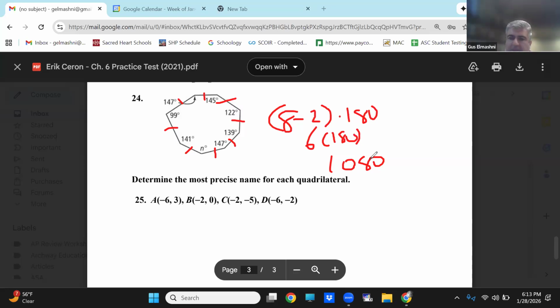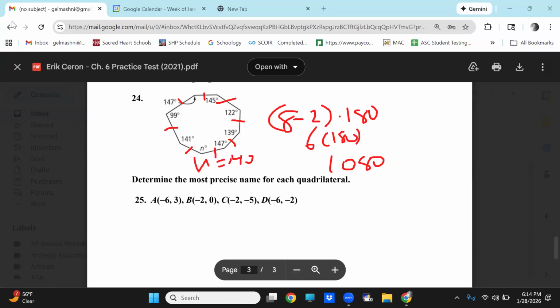N is 140. Yeah, 140. Okay. And the last one.